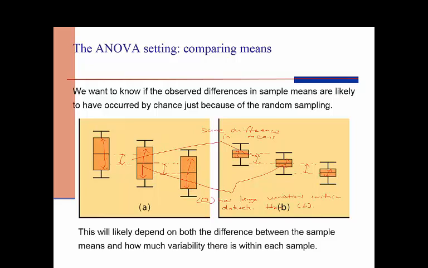You can see within the data sets that this difference between the means might just be random chance, random luck. But this difference, even though it's the same size as this difference, in B it's much more significant because to begin with, the data sets in B don't vary that much. And that's what we are trying to measure mathematically. This is just a picture version of what we're trying to do.